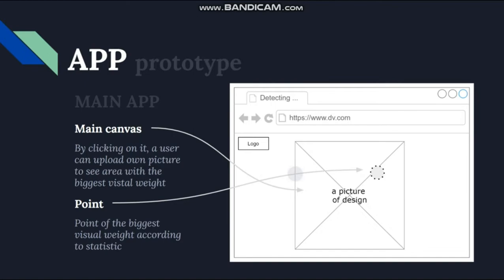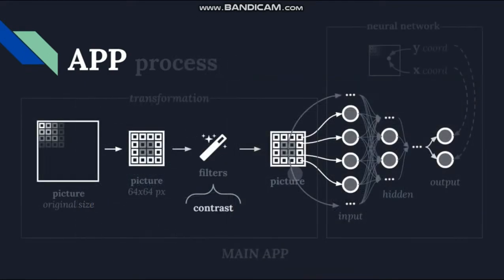Okay, what about the work process? This is the work process of the main app, and we can divide this work process into two sub-processes. The first is transformation, and as input we have a picture, and this picture can have different sizes, and it means a different number of pixels.